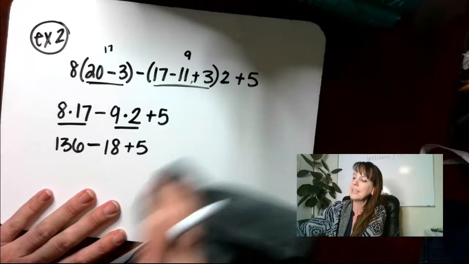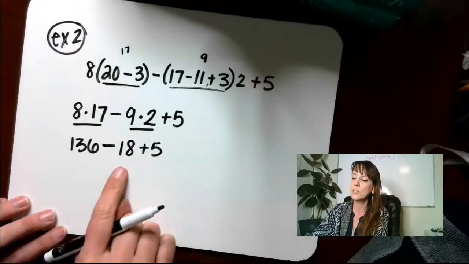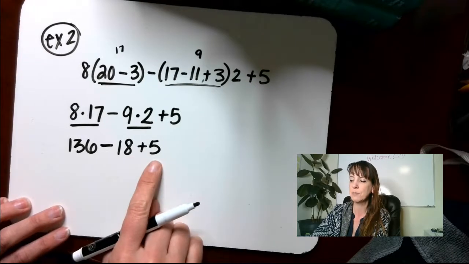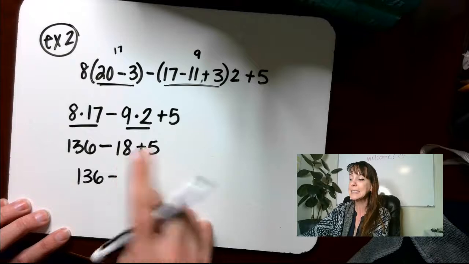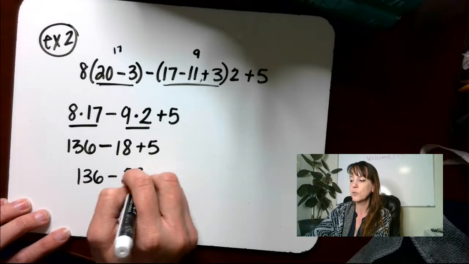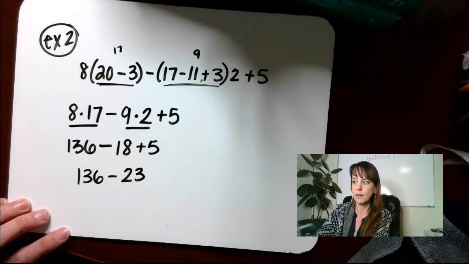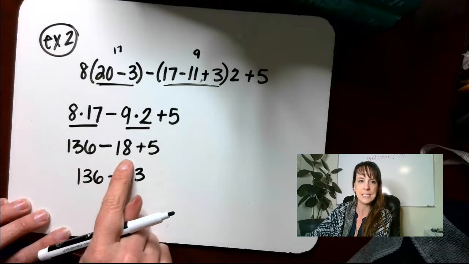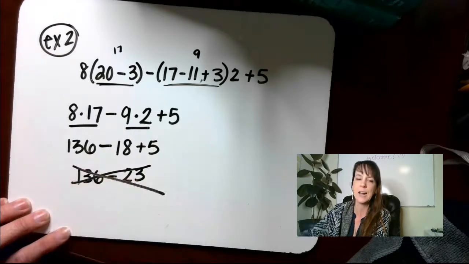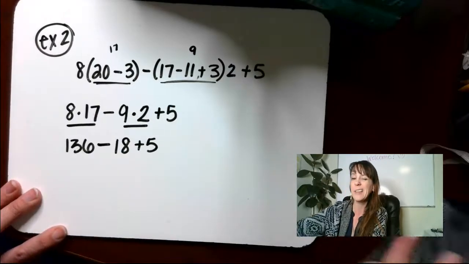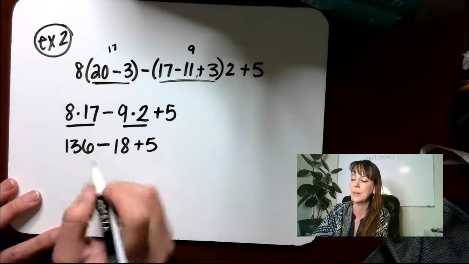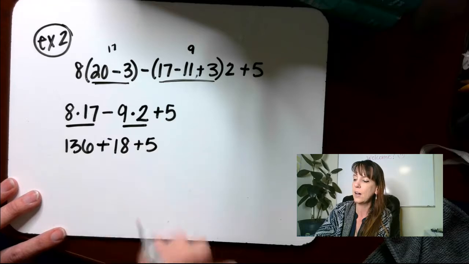A common mistake that I see is somebody looks at this problem and sees 18 plus 5 and they're like, oh, okay, so that's 136 minus 23, right? Wrong. You have to remember that that negative 18 is in there. So this is not how we do that, okay? But that is a common mistake I see. If you add the opposite, I see that that mistake doesn't happen as much. So add the opposite there.